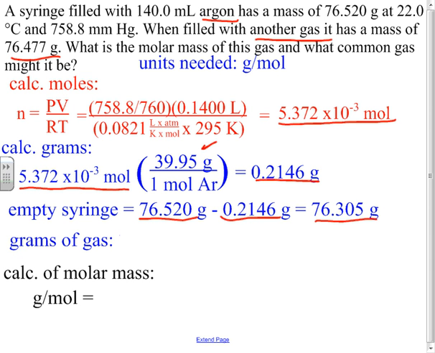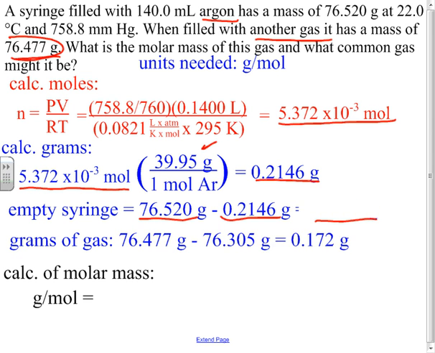That then allows us to calculate from this number the grams of the unknown gas. So the first number here is the syringe with the gas. We subtract the empty syringe, and now we know the number of grams of the gas.